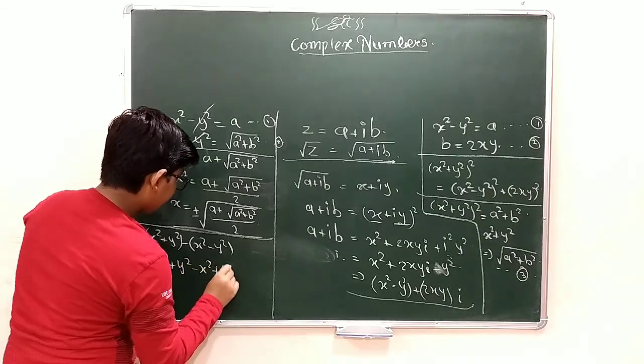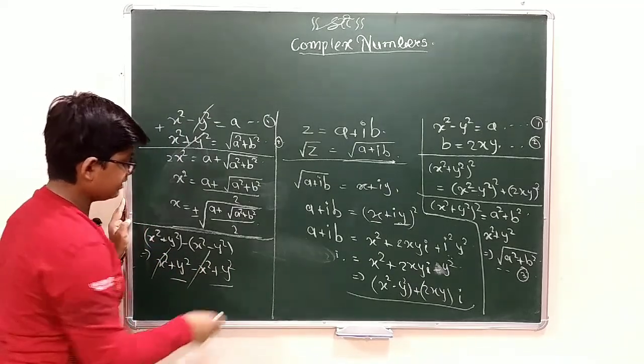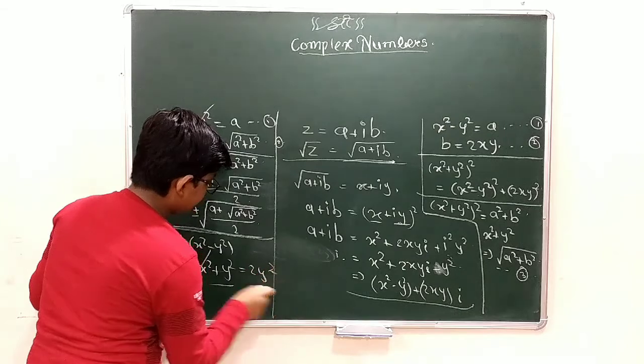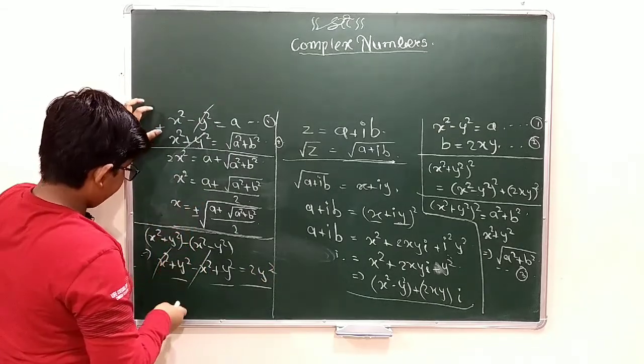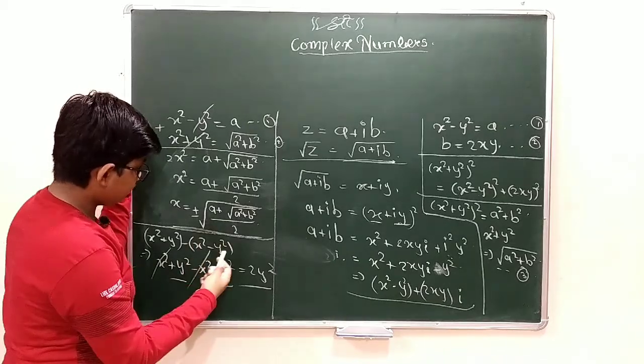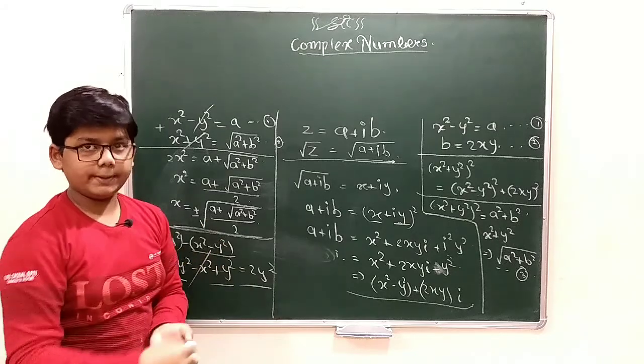Here x squared and minus x squared will get cancelled. Remaining is 2y squared. Here we have subtracted x squared minus y squared from x squared plus y squared.